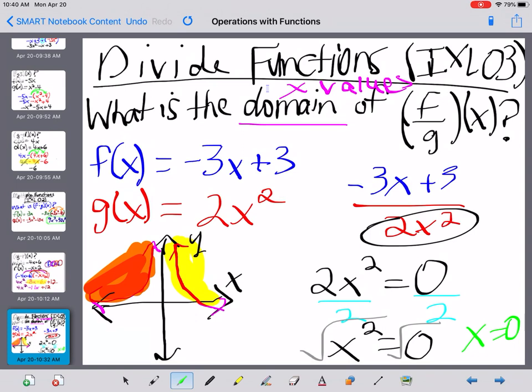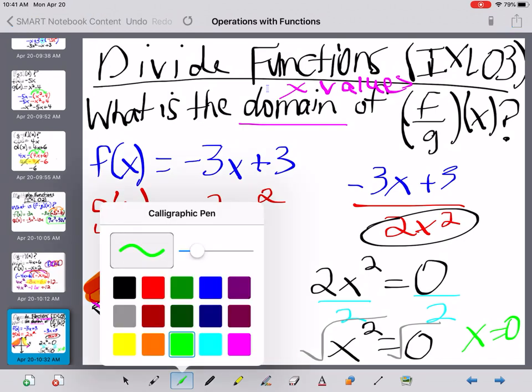But in this case, x equals 0 is the no-no. If I were to substitute 0 in for x, I would get 2 times 0 squared. 0 squared is 0. 2 times 0 is 0. I can't divide by 0.